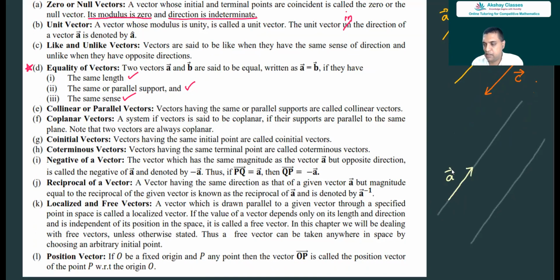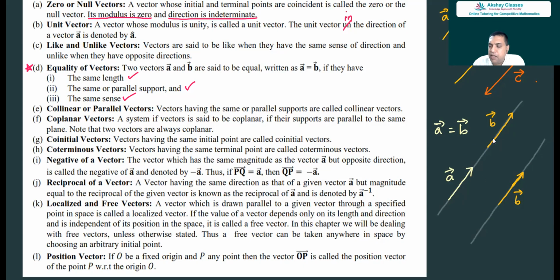This is vector A. This is vector B of the same length as that of A. So now A is equal to B. A bar is equal to B bar.